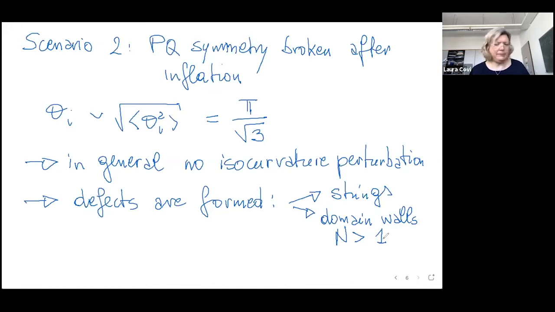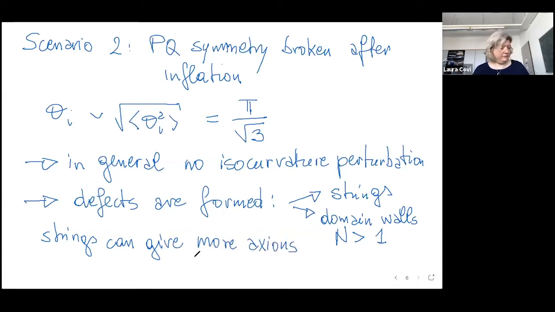Indeed, a very recent paper of the group of Villadoro, I think last year, was saying, for example, that you could have a contribution coming from strings which is a factor of 10 larger than the one from misalignment. And of course, in that case, you have to take into account that contribution. So in that sense, strings can give more axions, even a factor of 10 more.